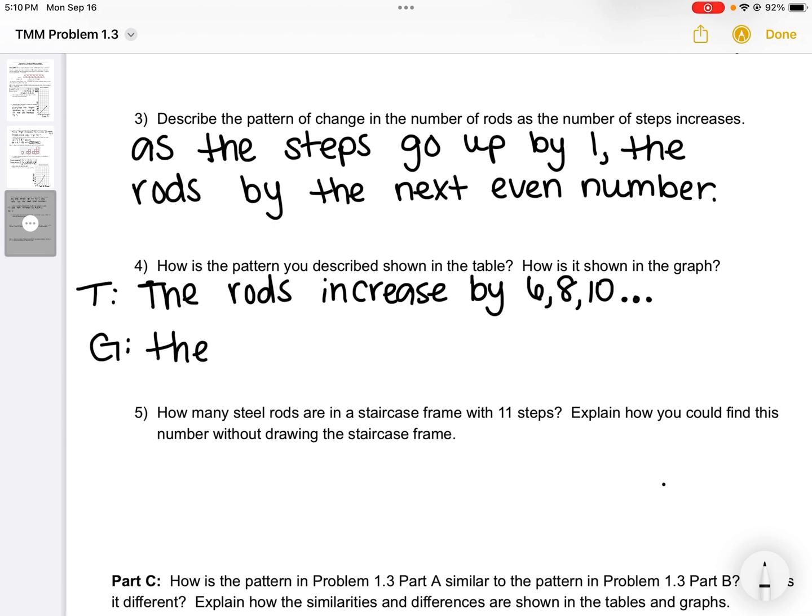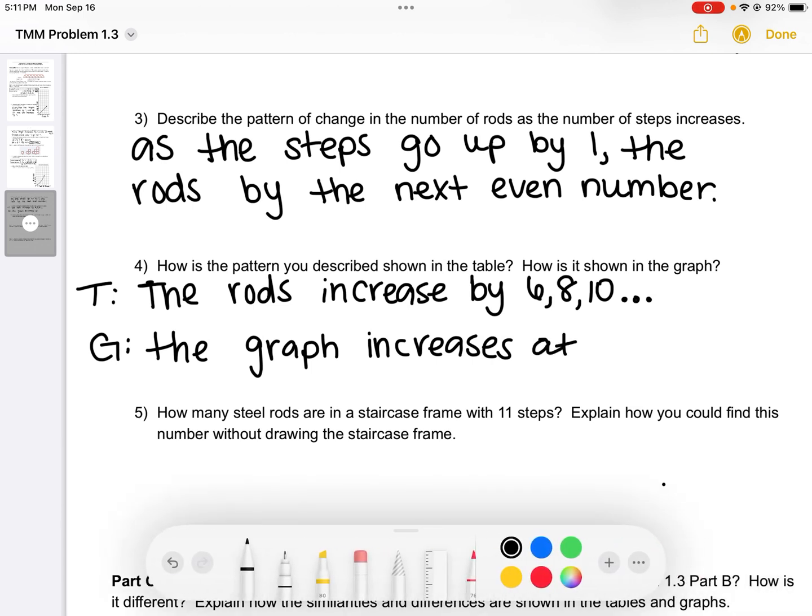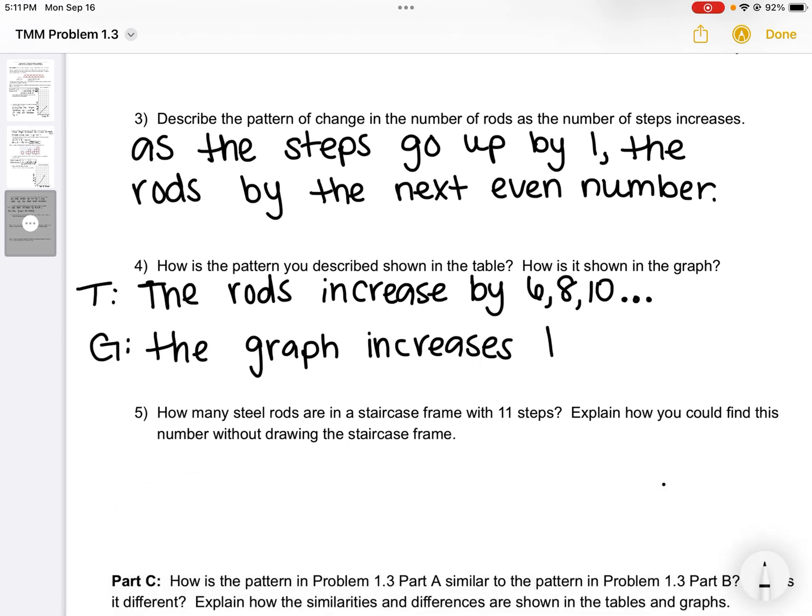So we're going to write the graph increases, actually I'm going to say the graph increases by a curved line.